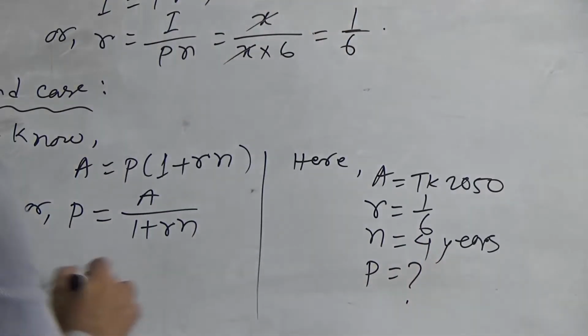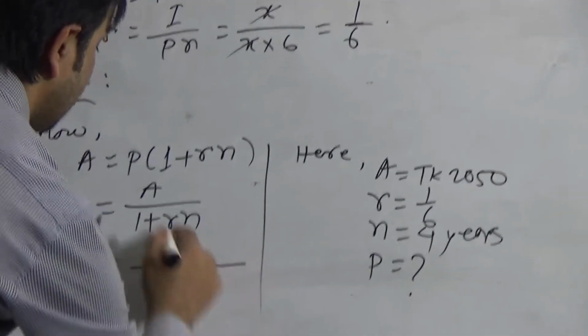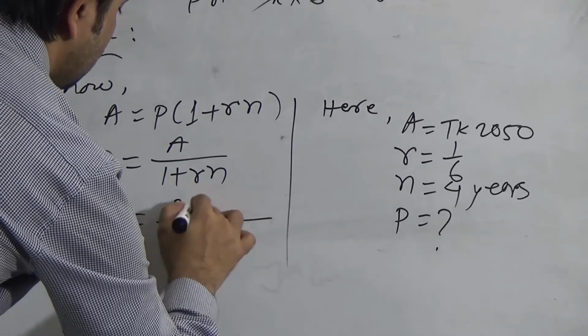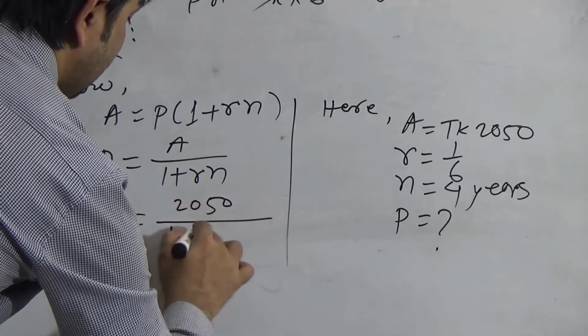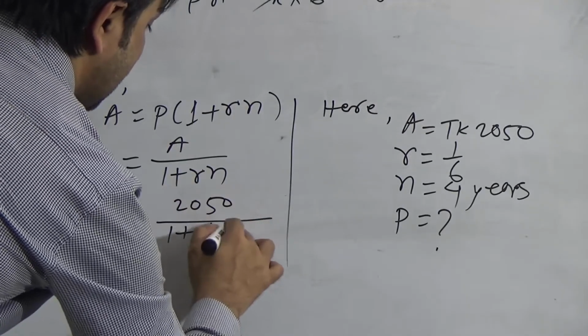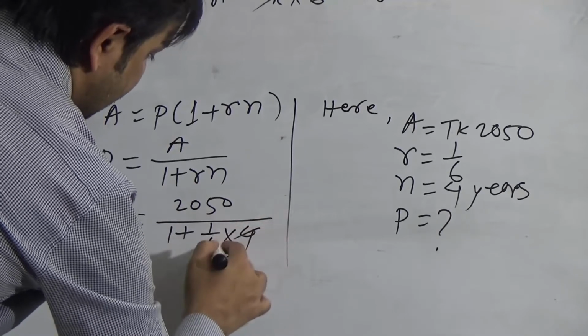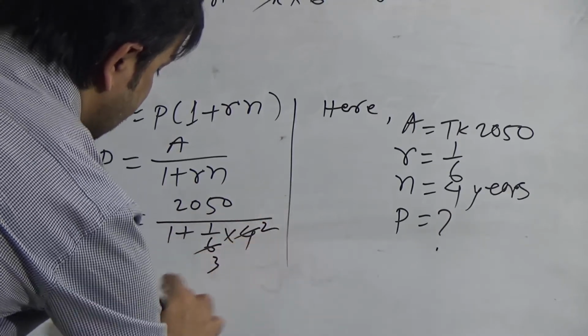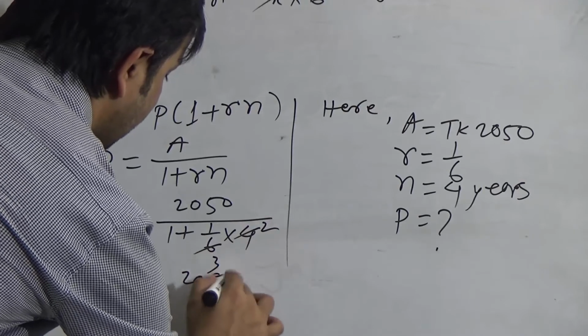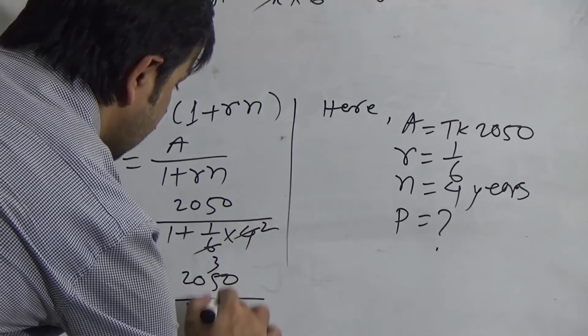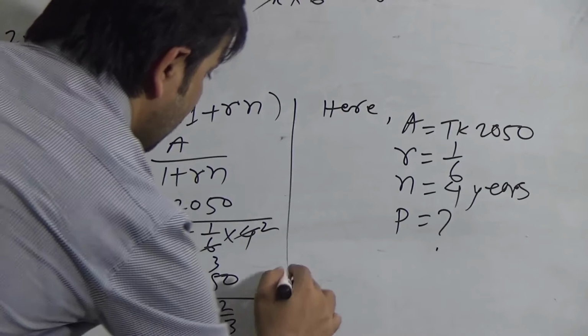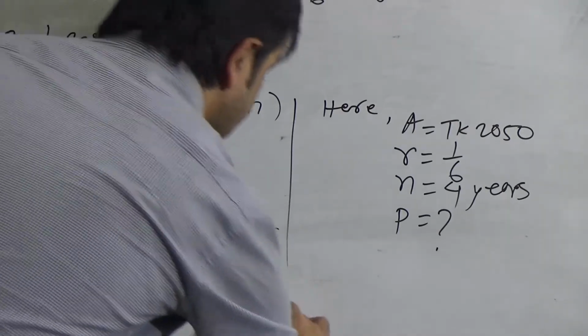So we put the value of A is 2050, 1 plus R is 1 by 6 and N is 4. We can cut 4 and 6, we will get 2 and 3. So this will be 2050 divided by 1 plus 2 by 3.